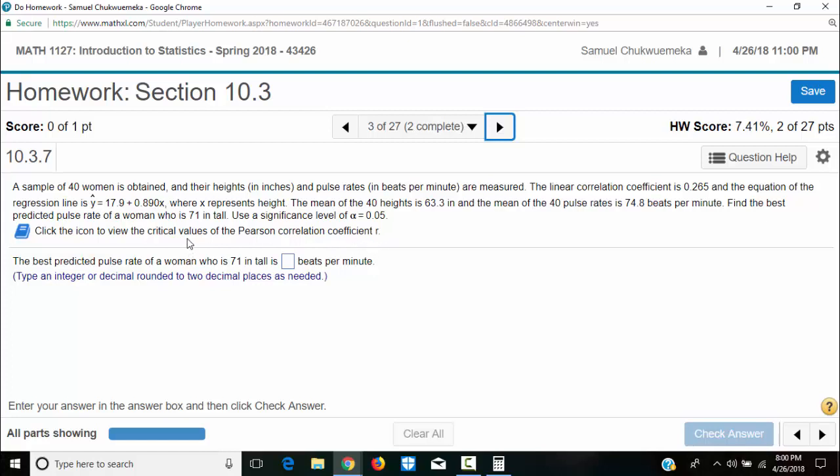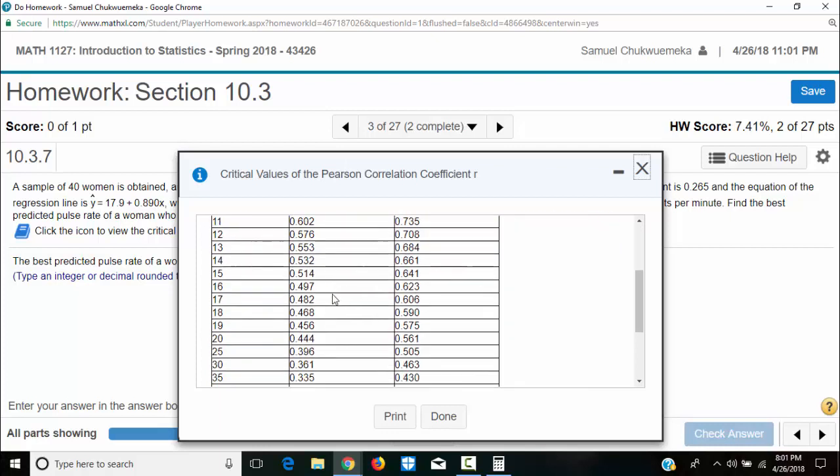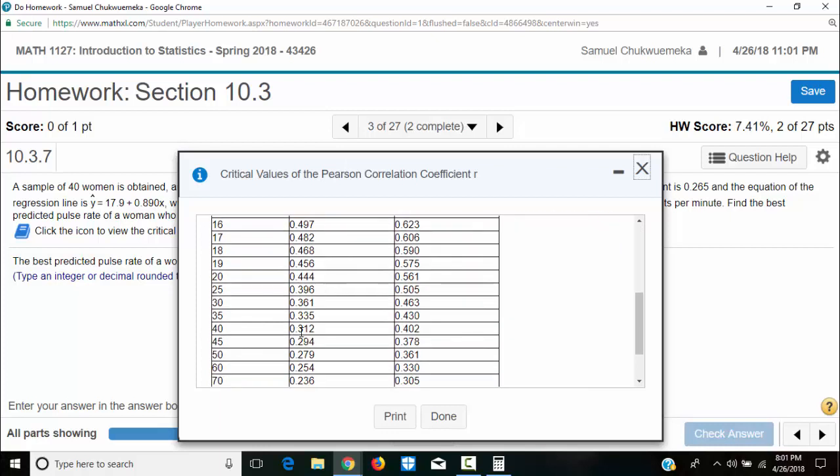Okay, critical values of the Pearson linear correlation coefficient for a sample size of 40, and we compare it with this linear correlation coefficient of 0.265. So we click here, and this is at 5% significance level. You look for a sample size of 40, and you have 0.312. So as you can see here, 0.312 is greater than 0.265.